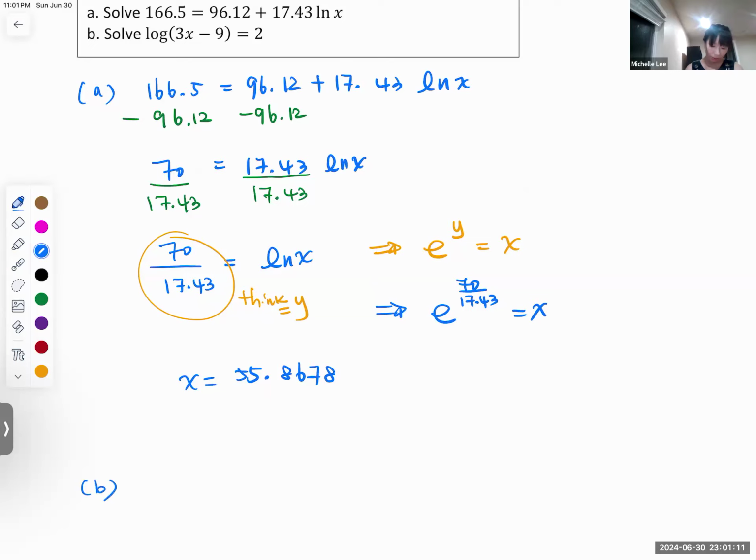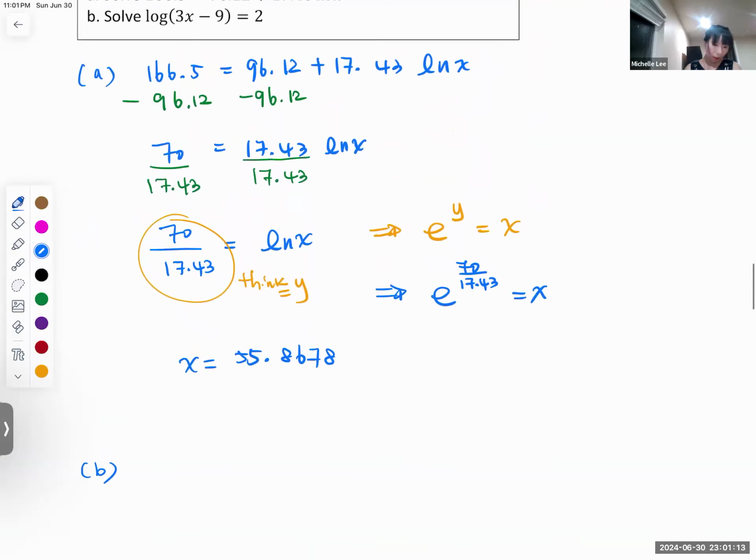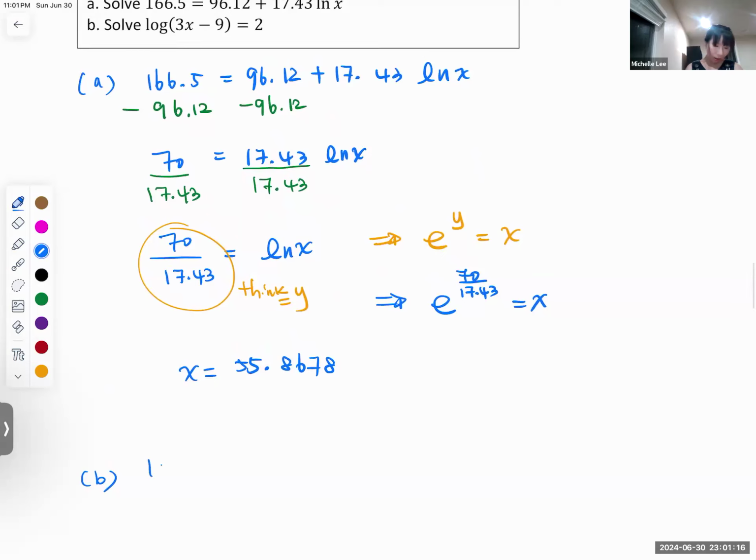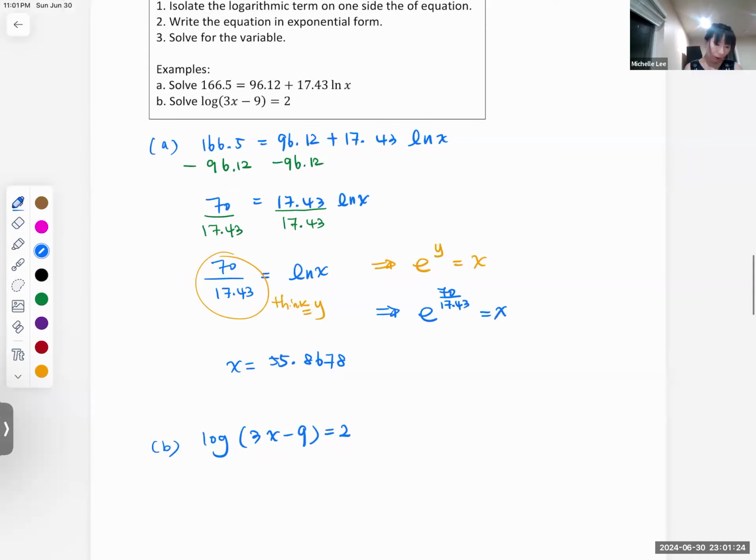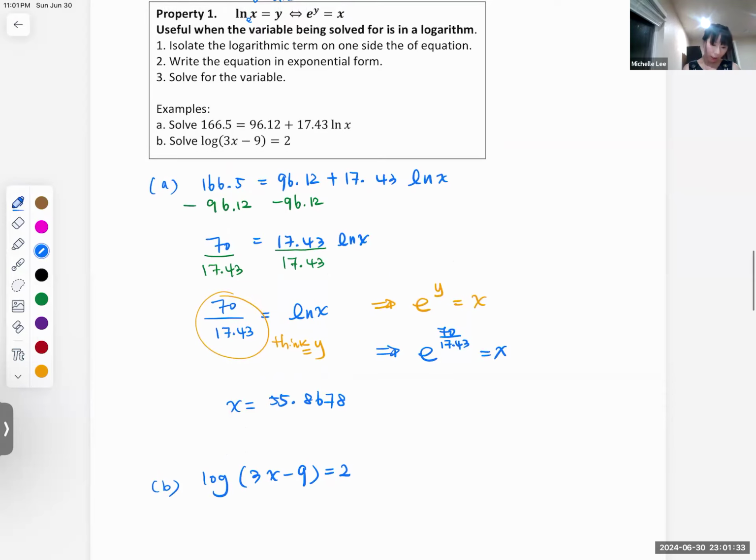Second one. We have log of 3x minus 9 equal to 2. Okay, so if we don't see the base in the log, that means base 10, right? Then we know there will be 10 to the other side equal to the answer, right?